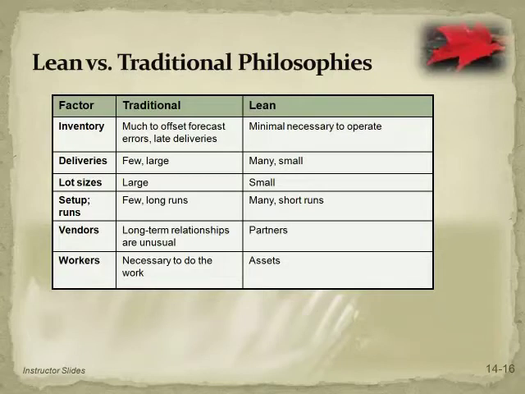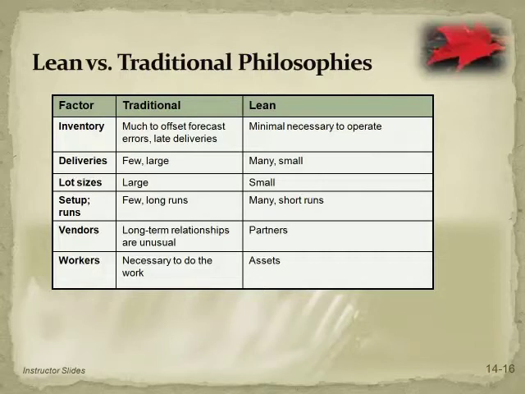Deliveries from our suppliers: in a traditional system, we want to order in large quantities and have as few deliveries as possible. In lean, we want just the opposite. We want small quantities and we want many deliveries.